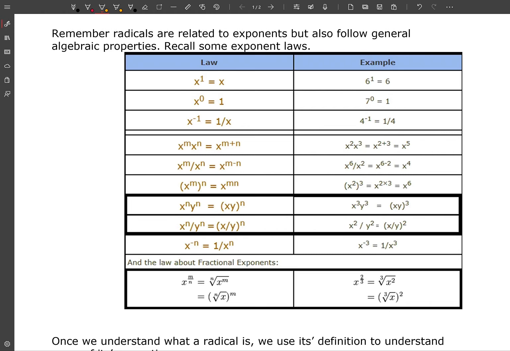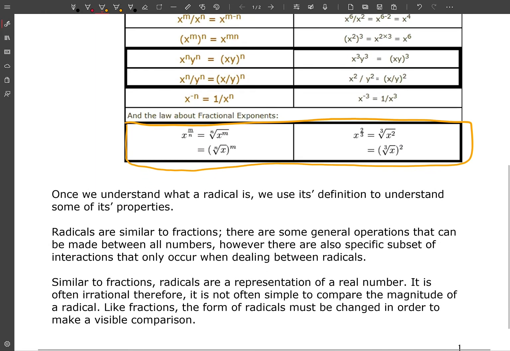They run in very similar ways to the way radicals work because, as you should remember from 10C, radicals are really just rational exponents, like we can see in this law down here, where the index is the denominator of the rational exponent. So we can actually work with radicals by thinking of them in similar ways to fractions.